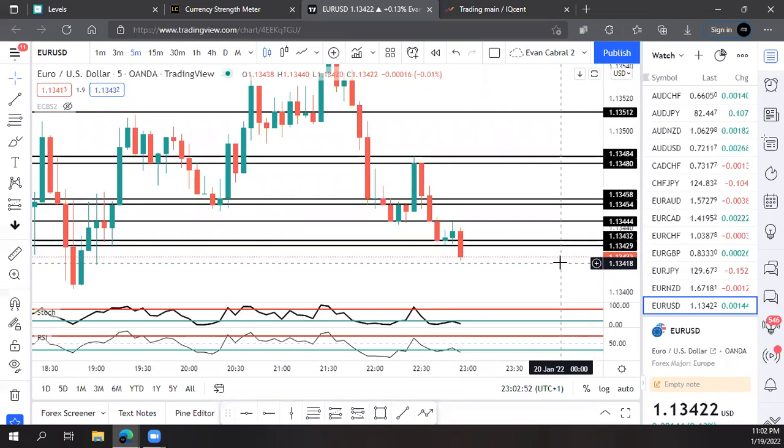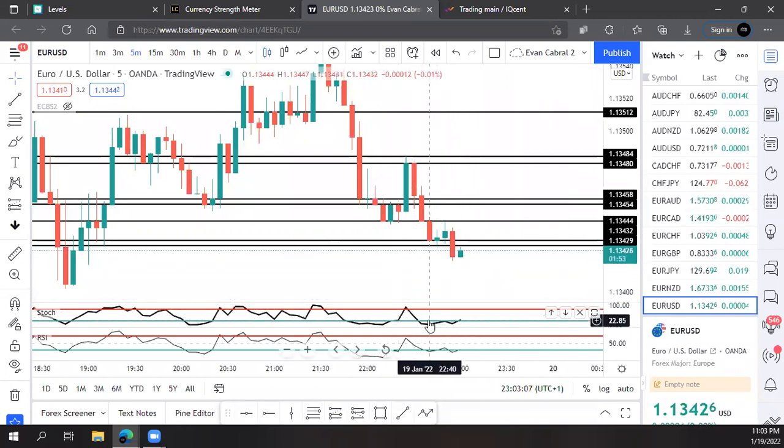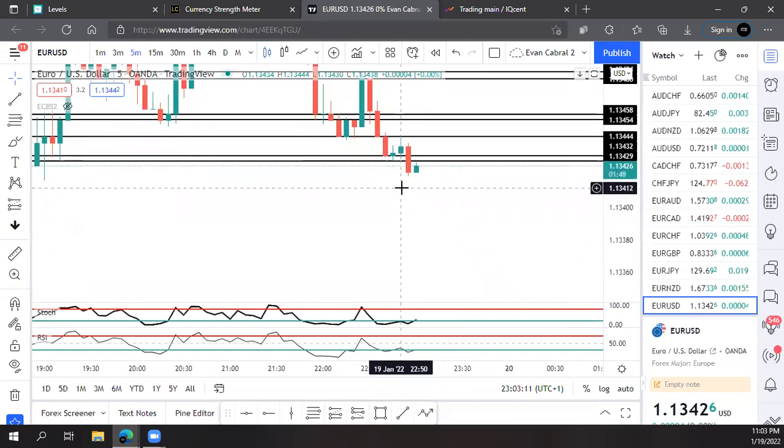So if I can spot a clear uptrend, I'll make sure that the currency strength meter is in my favor to buy.